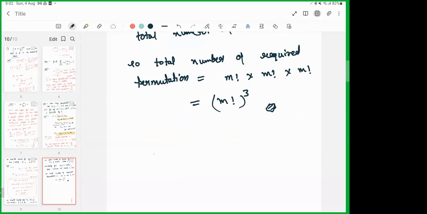So we have A1, A2, A3, A4, A5, A6, and so on up to A3m. For A1, K equals 1, so K is congruent to 1 mod 3. So here we have exactly m choices, right?